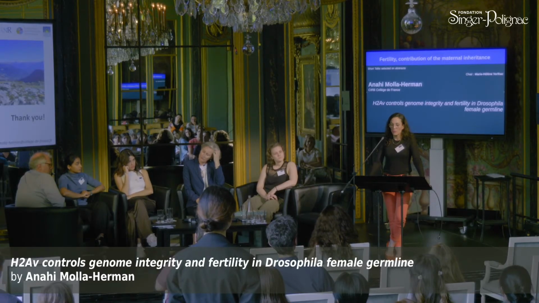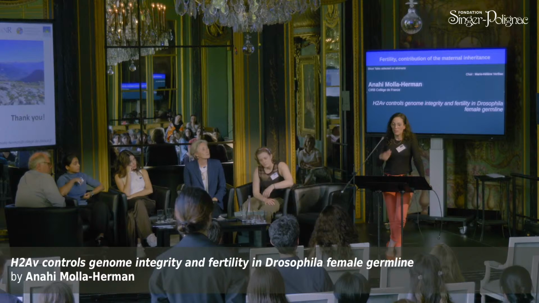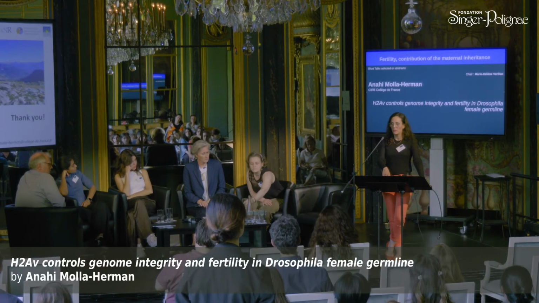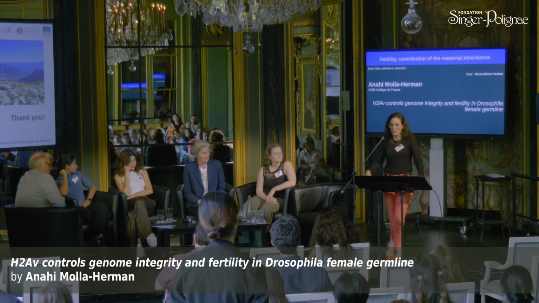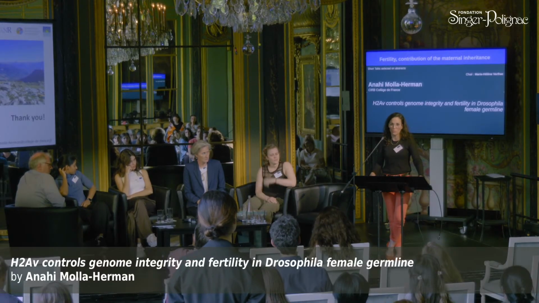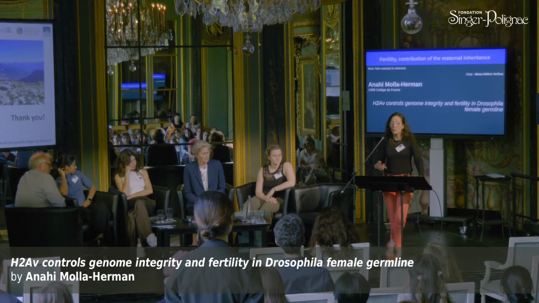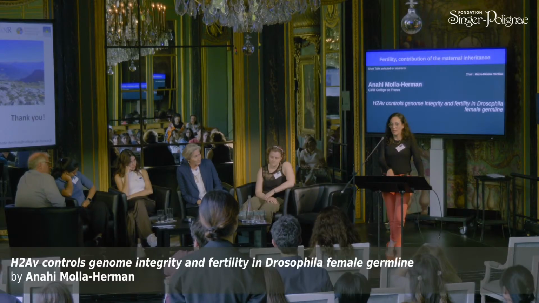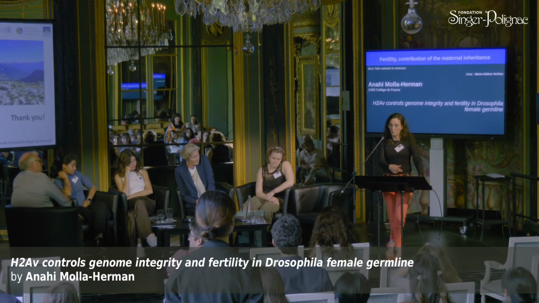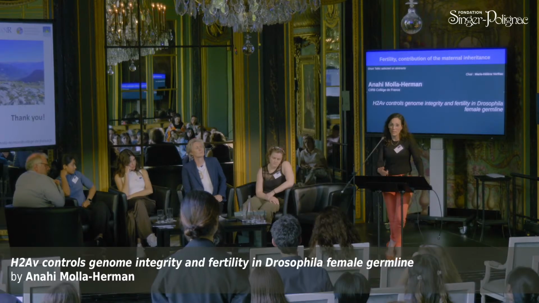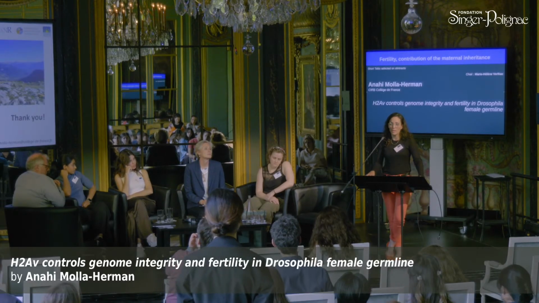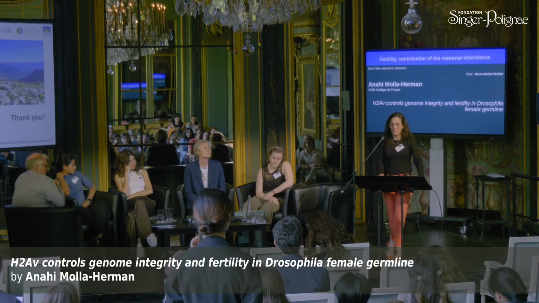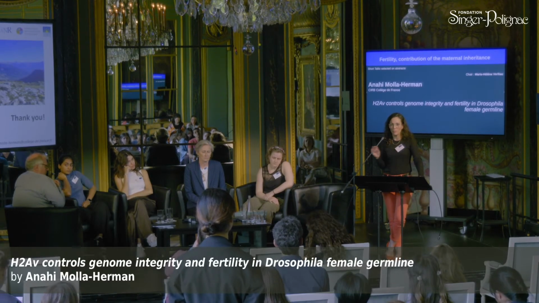I didn't test that directly, but I know that ATM and ATR are the kinases responsible for phosphorylating H2AX, so H2AV in Drosophila. We could do double mutants, for example, for H2AV and ATM or ATR to see if we can rescue the phenotype to an extent. Another aspect we have studied for the DNA damage response is the work from Felipe Teixeira.